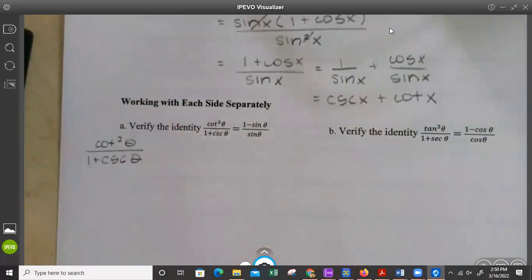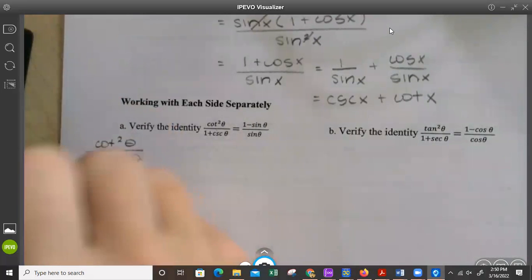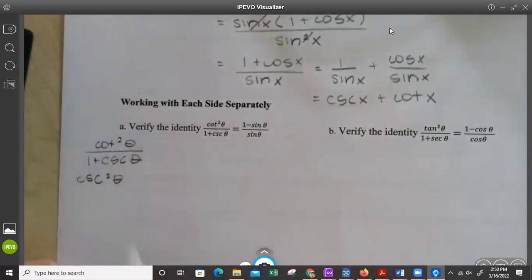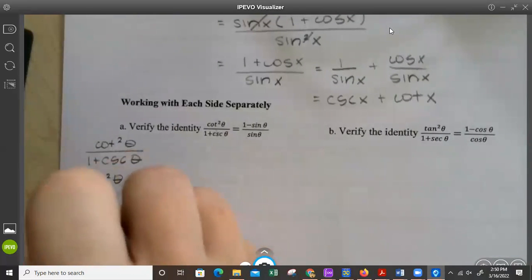So 1 plus cosecant would not equal cosine. Is it squared? No, so we can't work with that one. That one's good. So it has to be the top that we work with. What can we turn cotangent squared theta into? That trig identity, Pythagorean identity, cosecant squared theta minus 1.